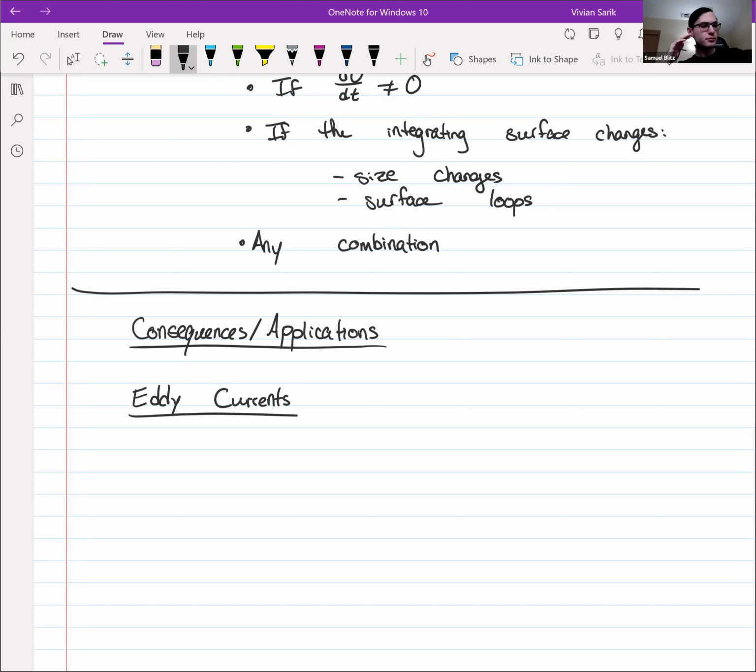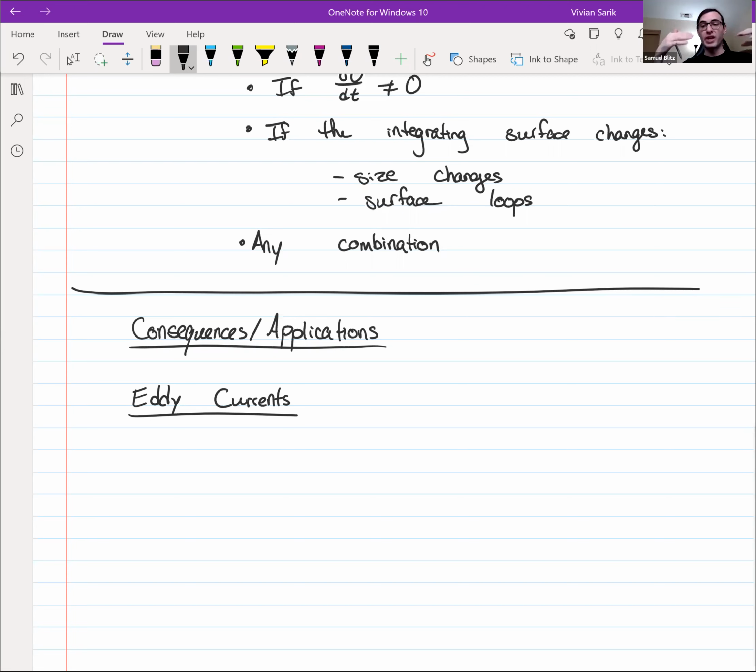So we saw last lecture that in order for the bar to move down at a fixed speed, you had to apply a constant force downward, right? And the reason for that is because the charges want to move in a circular manner, so they're kind of bumping up against the top of the bar.